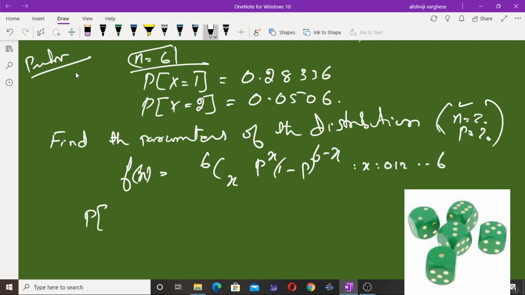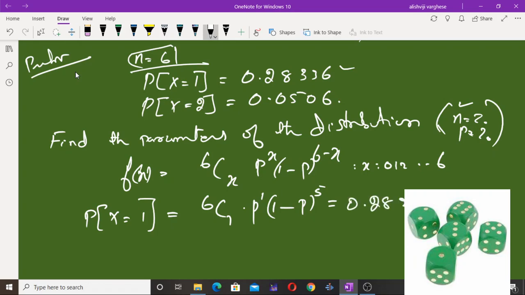The probability that x is equal to 1 is given by 6C1 p raised to 1, 1 minus p raised to 6 minus 1, and this value is equal to, as per the problem, 0.28336.